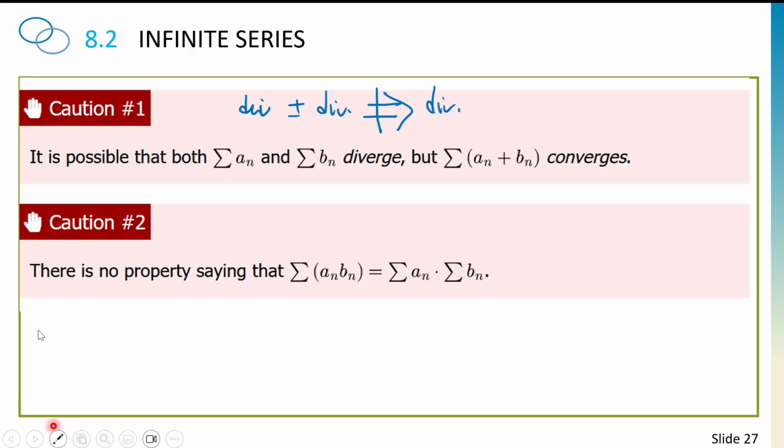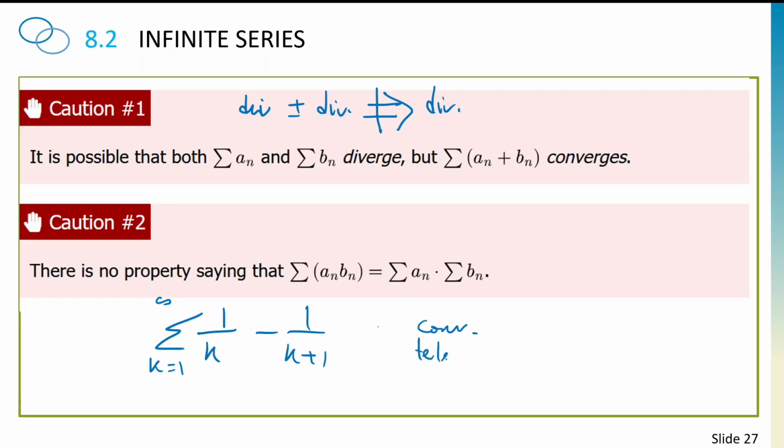Remember when we covered the first question about the telescoping series, it was sigma of 1 over k minus 1 over k plus 1. This is the first question we did as a telescoping series. And we showed that this one was convergent. It's a telescoping, convergent series.